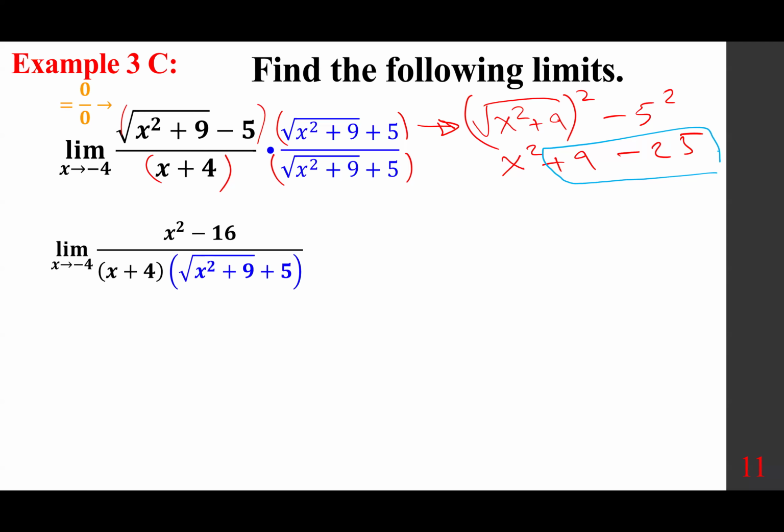So look at the denominator. We are not touching it. We keep it as a product because we are hoping to get rid of x plus 4. The numerator is x squared minus 4 squared, so it's x minus 4 times x plus 4. X plus 4 drops.